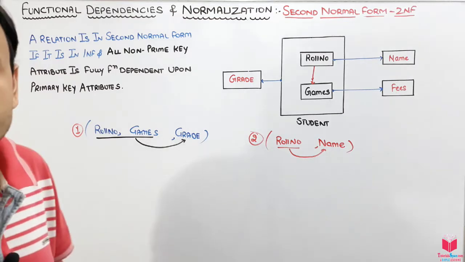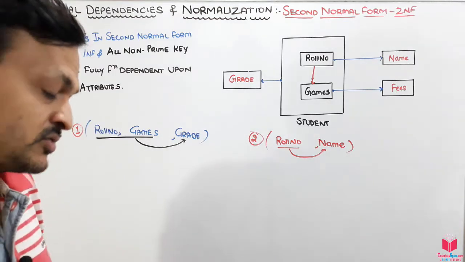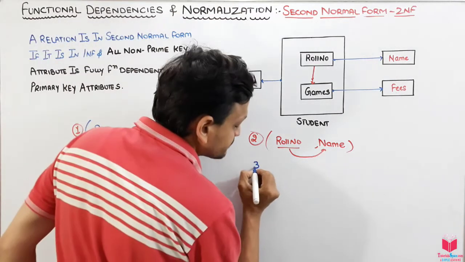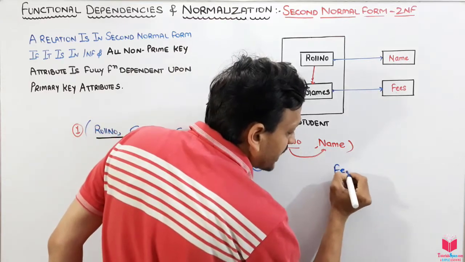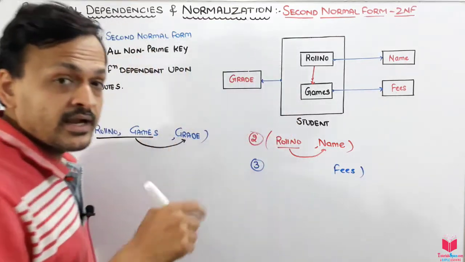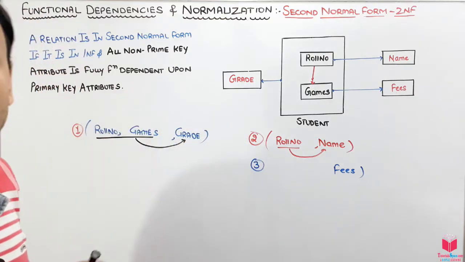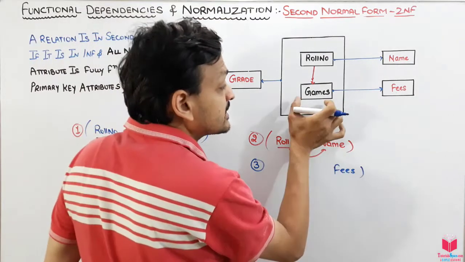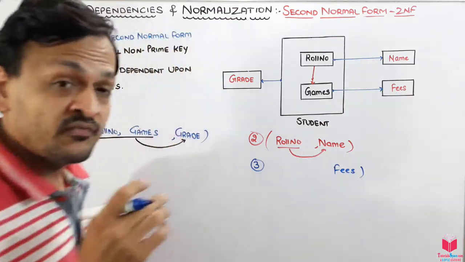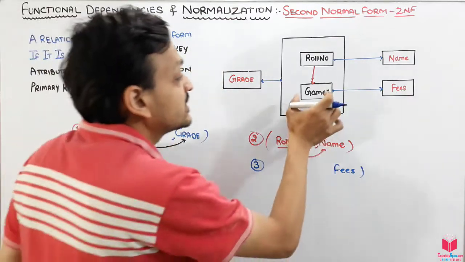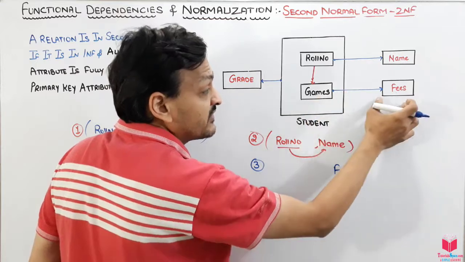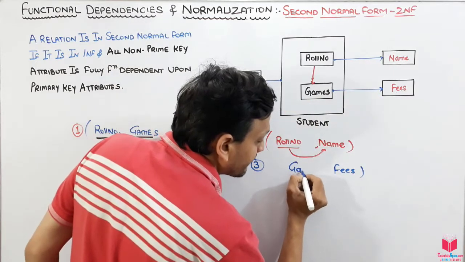Okay guys, after that, what about the fees? We will do it the same way. Fees is a non-prime key attribute, and it should be fully functionally dependent upon which prime key attribute? Here in this table, the key that should be there is games, because fees depend upon the games.